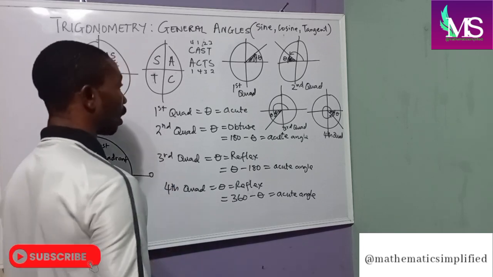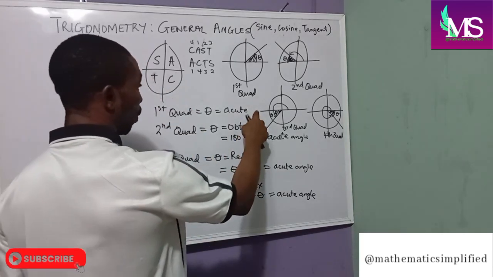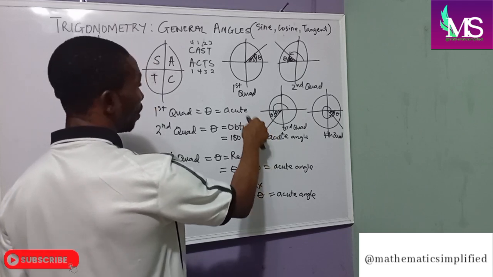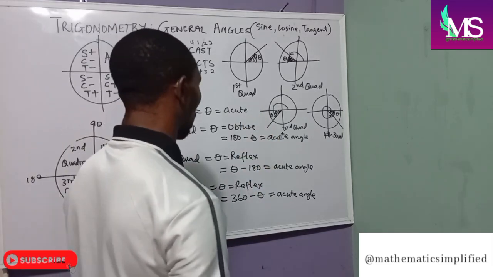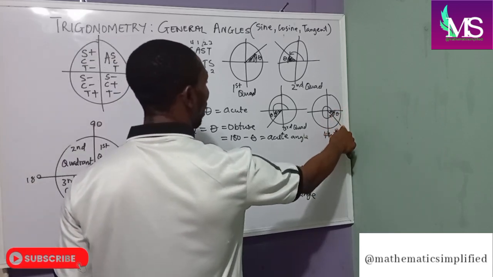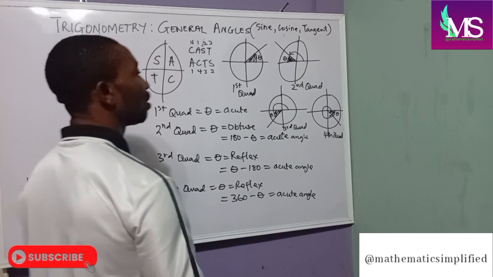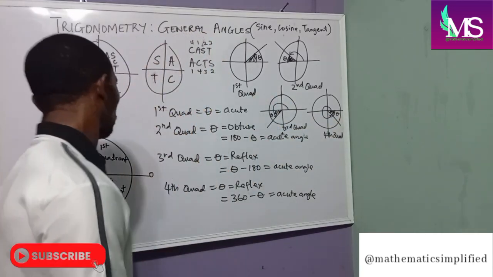In the third quadrant, it is your given angle minus 180. In the fourth quadrant, it is 360 minus your given angle.